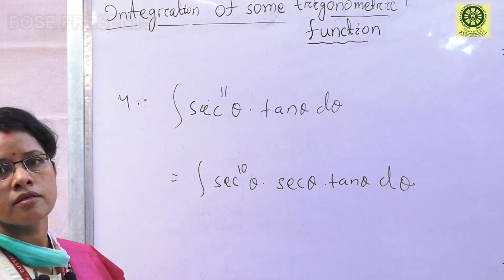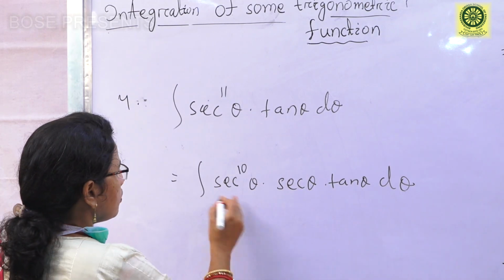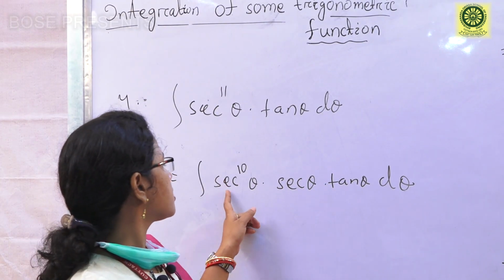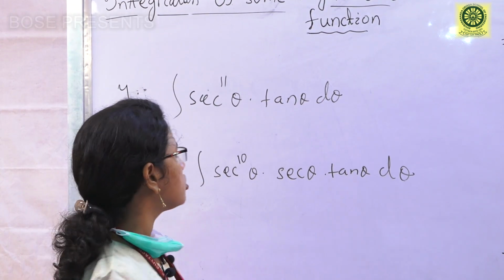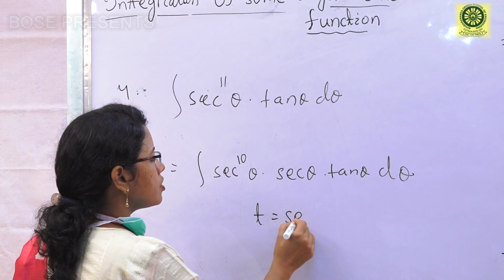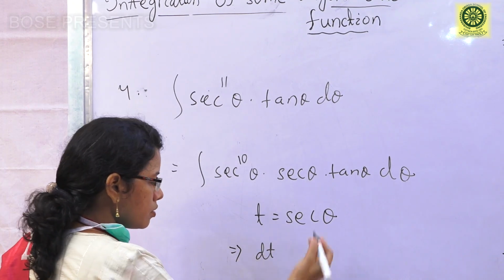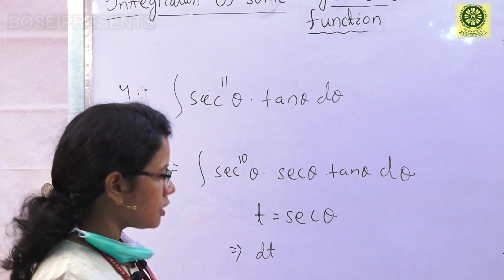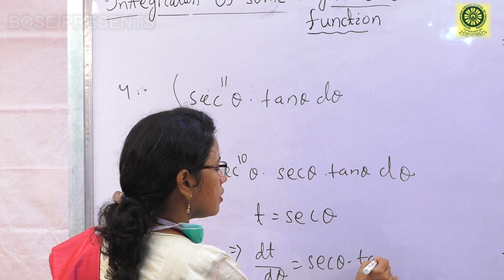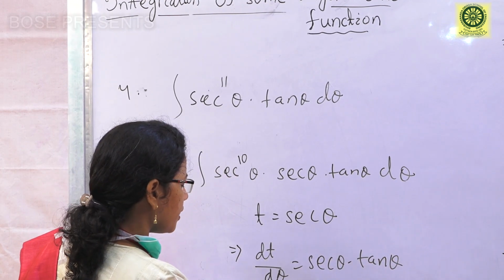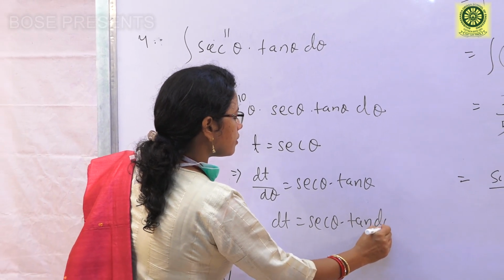You have to integrate this with respect to theta. Now here you can notice that the derivative of sec theta is sec theta tan theta, which is in the integral. So we should substitute t in place of sec theta. Now differentiating both sides with respect to theta, we have dt by d theta equal to sec theta tan theta. That implies dt is equal to sec theta tan theta d theta.